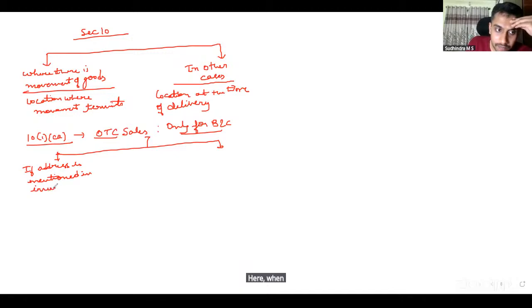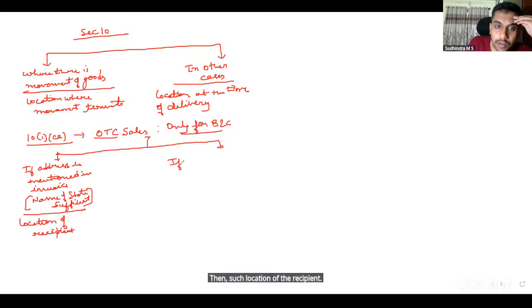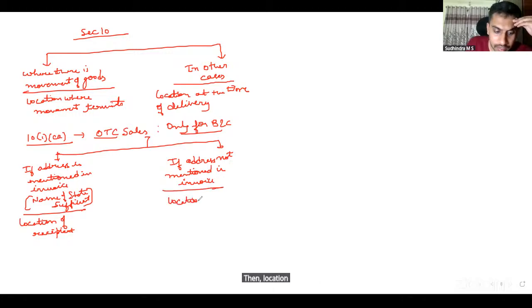Here, when I say address, the name of the state is sufficient. If the address is not mentioned in the invoice, then it is the location of the supplier.